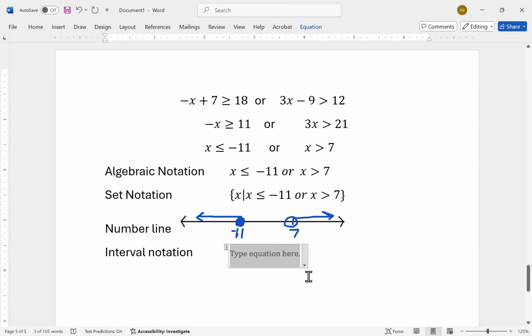In terms of the interval notation, we're going to go from negative infinity up to negative 11 with a square bracket at negative 11, and then union that with the interval from 7 to positive infinity.